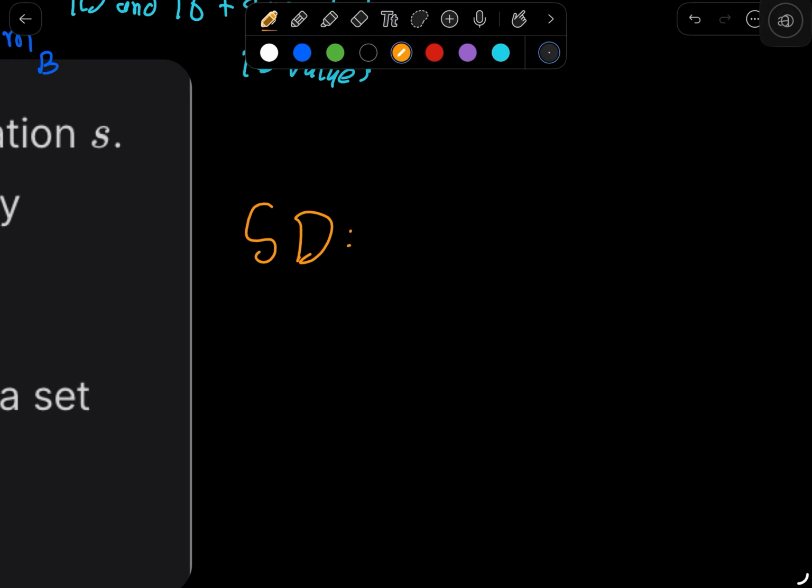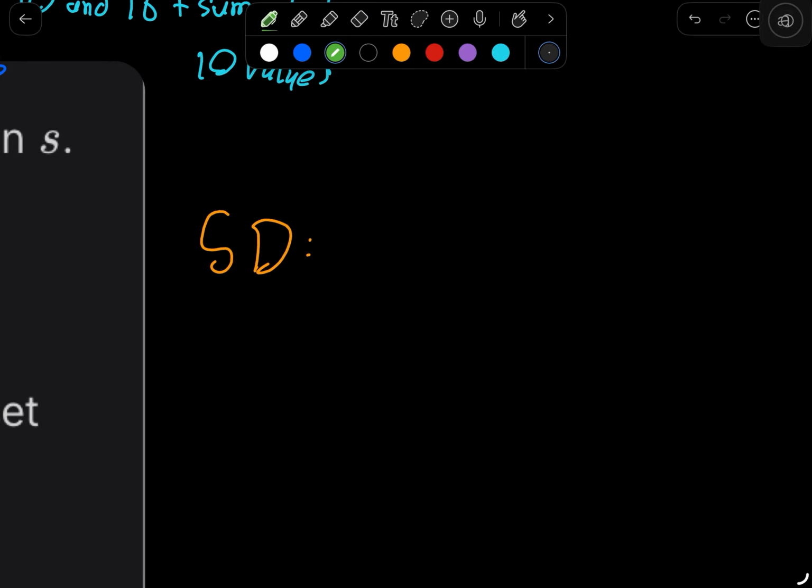What do I mean by variance? Well, just how spread a data set is. For example, you might have a data set where the numbers are 1, 2, 3, 4, and 5.